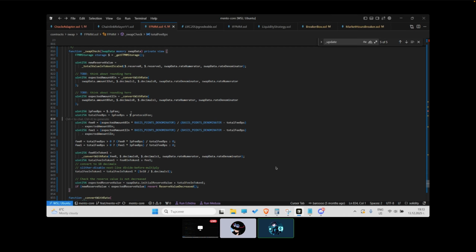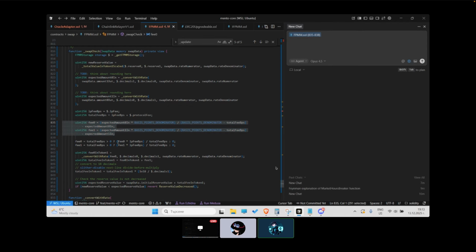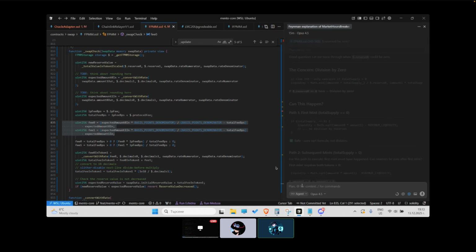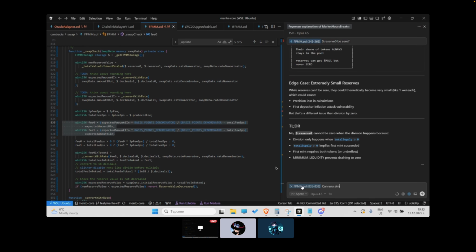I don't know why they do this expression, right? Can you ask the LLM? The LLMs are really good at doing this. Just ask it, like, simplify this. I think it boils down to expected amount times fee, if I'm not mistaken. This way, right? Yeah.